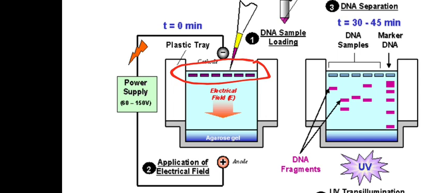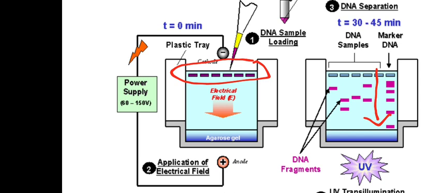You make small wells, and after that you load the DNA samples, maybe unknown samples, as well as one ladder DNA sample. Then, since you are supplying the current, all will start moving simultaneously, and this movement will always be dependent on the fragment length.